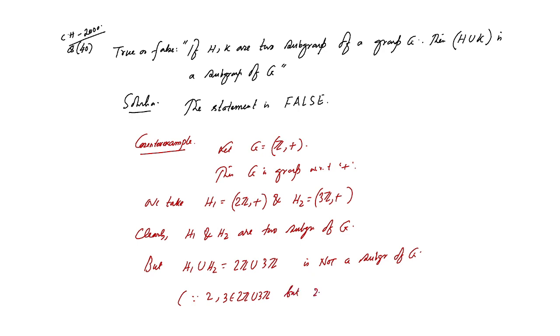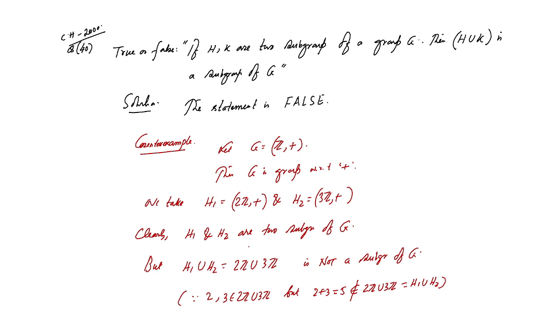But 2 plus 3, that means 5, does not belong to 2Z union 3Z. So the closure property does not hold. From that we can say H1 union H2 is not a subgroup.